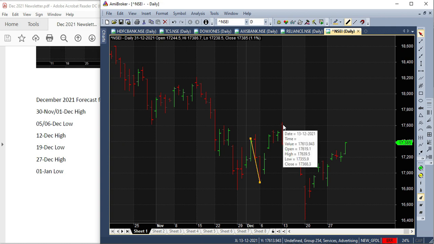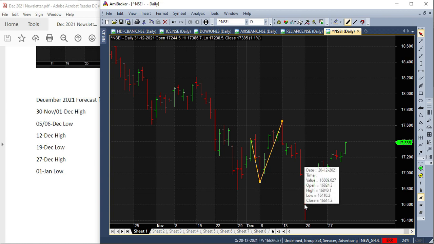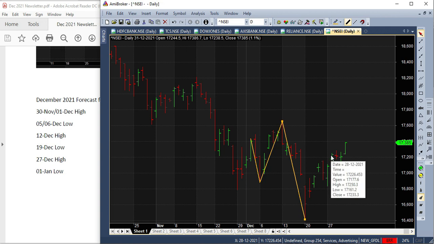We have a high on 13th of December. Then we forecasted 19th of December will be the low, and we have a low on 20th. We can take that. Then 27th of December is the high, and we have a high here on 28th.